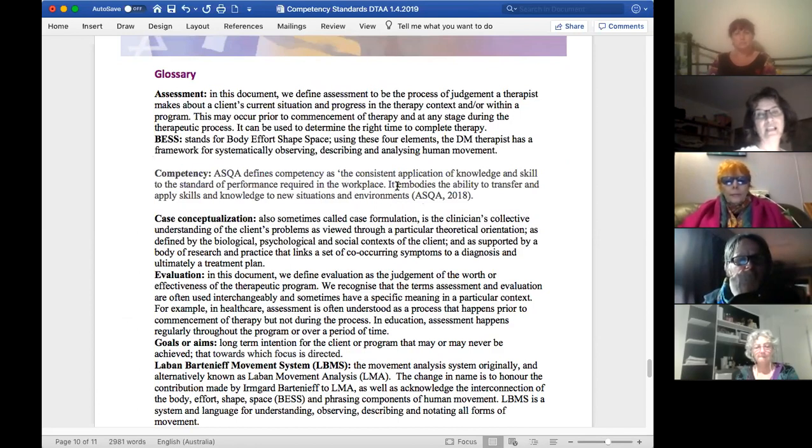That's nice, that the word embodiment is there, for us dance therapists. We've chosen that definition because ASQA is significant in the Australian context as our national authority for training. But our colleagues in New Zealand and other countries in the Australasia region would have their own national training body, who would presumably have a definition of competency.